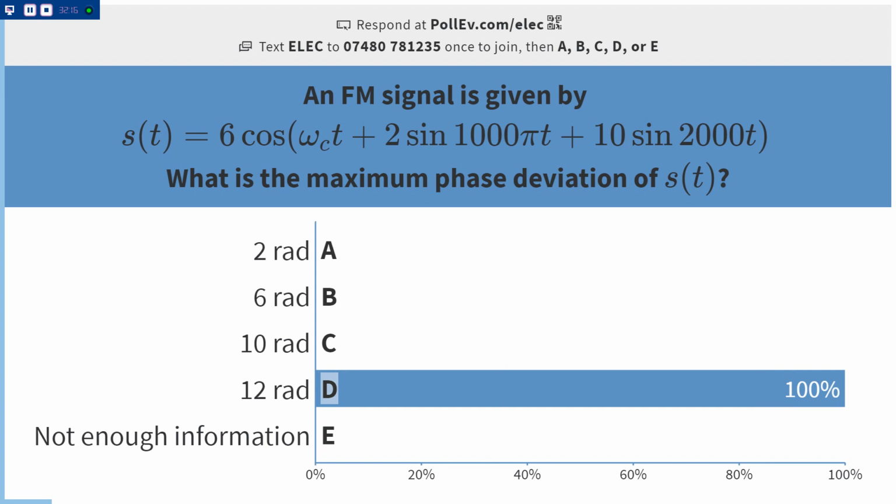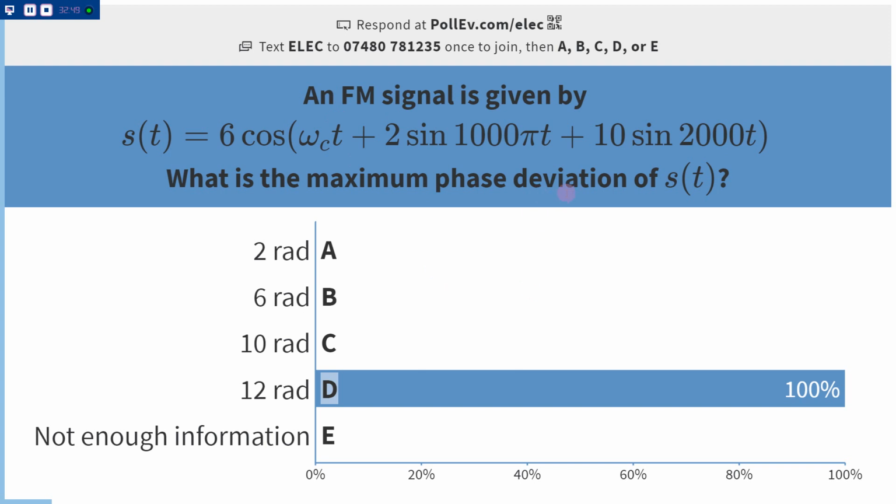So if both of these sines happen to be 0 at t equals 0, then you'll have 6 cosine omega ct. Let's consider that to be your 0 phase. So any deviation from that is what we're looking for. So what's the biggest deviation? It can deviate by up to 2 plus 10 equals 12 radians. That's the maximum deviation from omega ct.